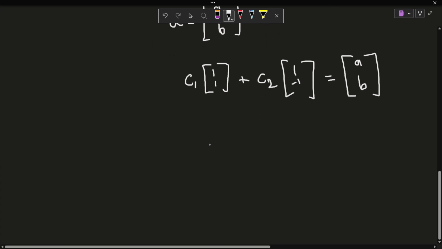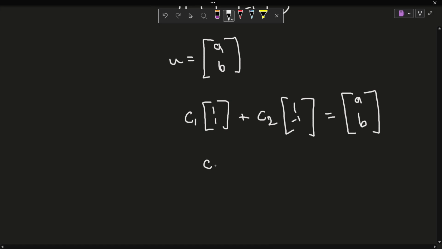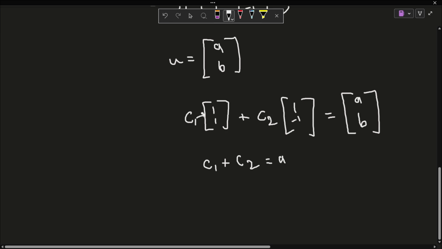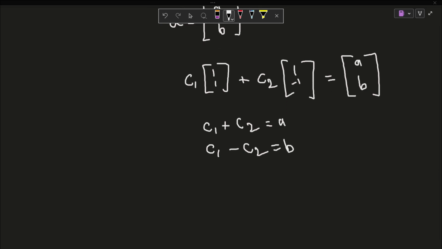So simply this might just turn out to be c1 plus c2 equals a, because you just multiply across, and then c1 minus c2 this time, because it's a minus 1 here, equals b. And so this is our equation, and you can solve this by anything really, Gaussian elimination, or this is simple enough to do yourself. So if you want to do it yourselves, you can surely go ahead.